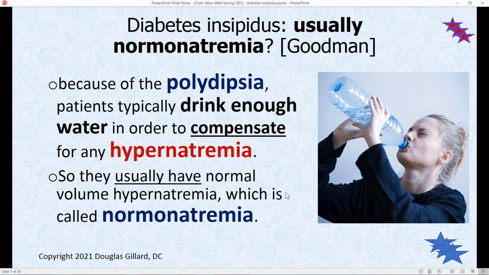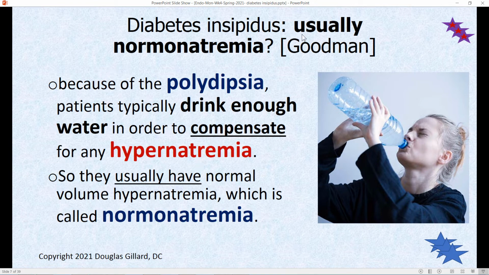So again, in this condition, without ADH, you can't suck free water out of the filtrate, so it's going to go. And what's that going to do to the blood? It's going to make the blood water poor, or you could say sodium rich or salty, and that's going to make you thirsty. So normally, if you're thirsty and drink tons of water, you're going to compensate for that hypernatremia.